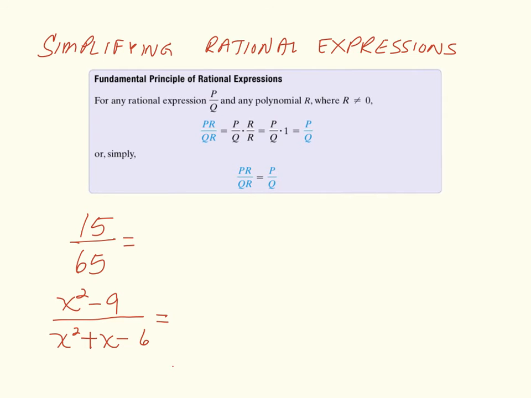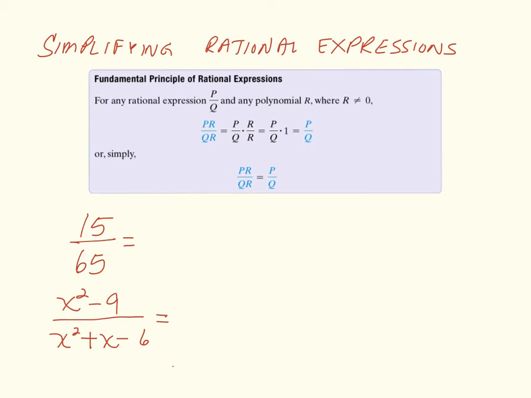Now, let's look at the next section, which involves simplifying rational expressions. Simplifying rational expressions is nothing more than reducing fractions to their lowest terms. So what we're going to do is look at this fundamental principle of rational expressions.